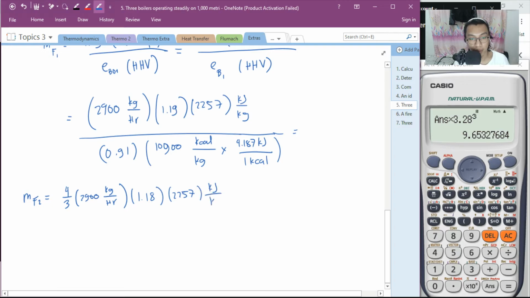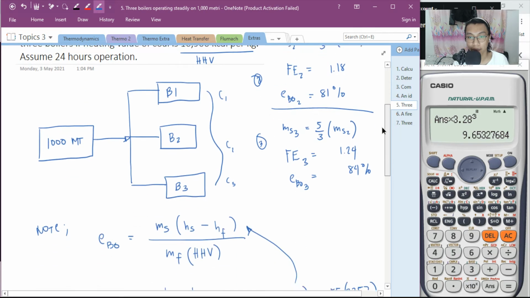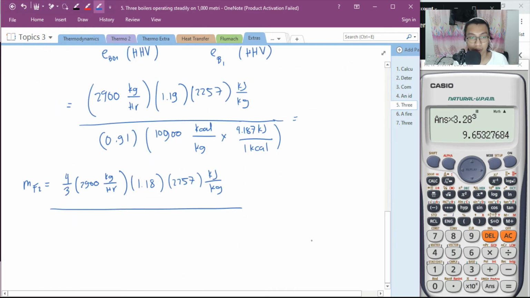Kilojoule per kilogram divided by yung efficiency na binigay sa'yo diyan, 0.81, times 10,900 kcal per kilogram times 4.187 kilojoule per kilocalorie. O, set aside mo muna 'to. Ang lalabas diyan, kilogram per hour lahat.